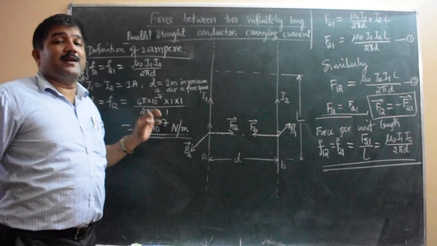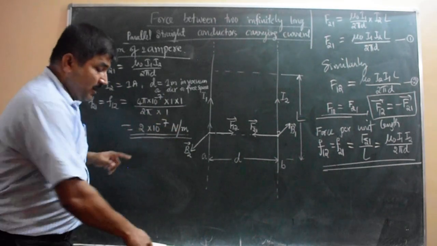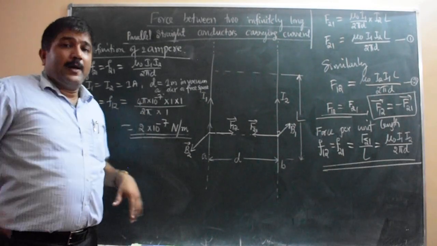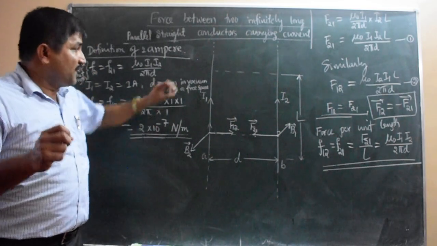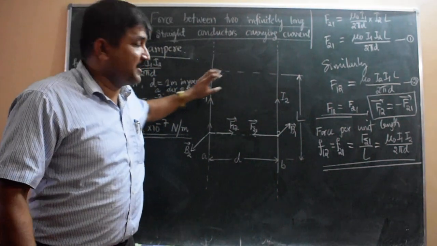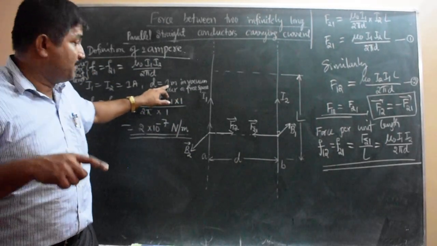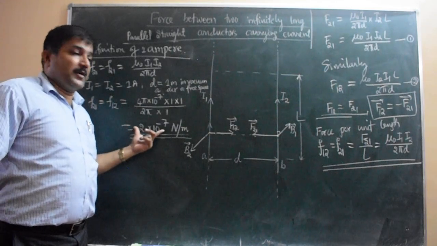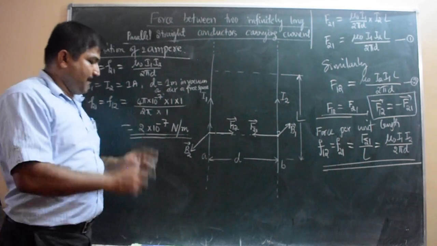So 1 ampere current is the steady current which, when maintained in two straight infinitely long parallel conductors of negligible thickness, separated by a distance of 1 meter in vacuum, would produce a force of 2 into 10 power minus 7 Newton per meter length. This is the ampere definition.